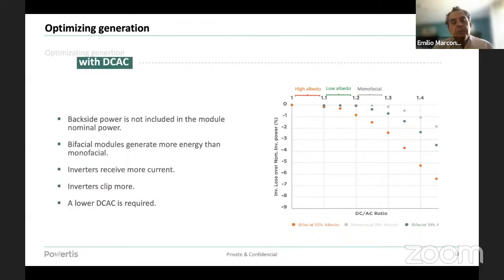So what we normally do is several exercises. We can do 1.15, 1.20, 1.25, 1.30, depending on how the albedo works for the specific project. We get a set of overbuilds, and normally we work with 3 or 4.